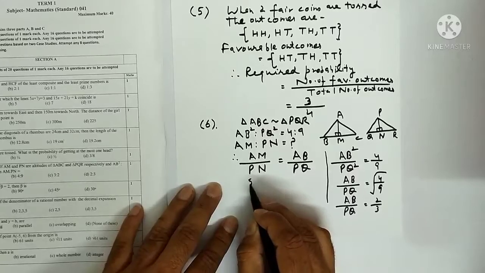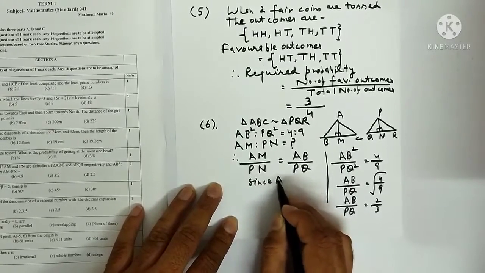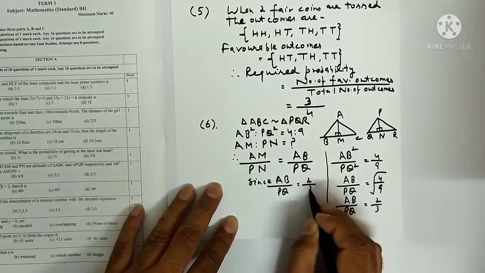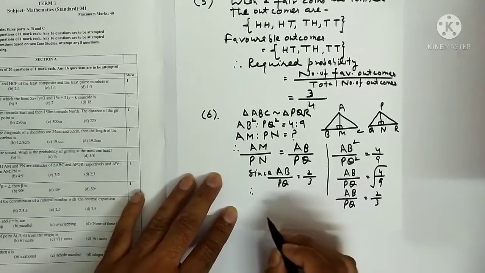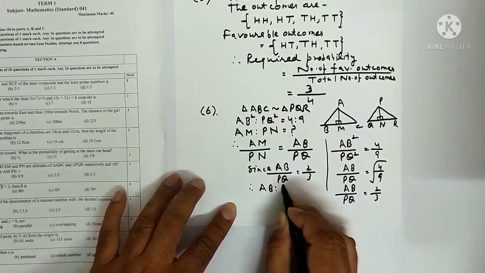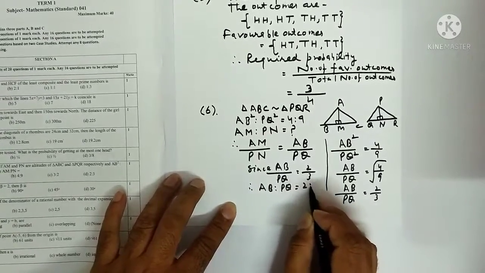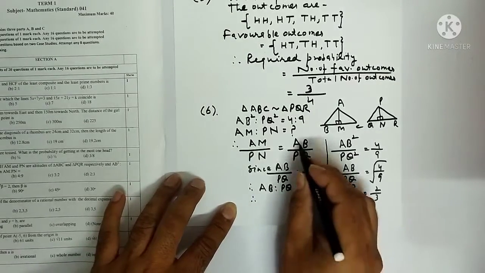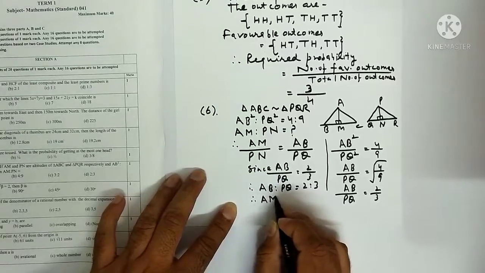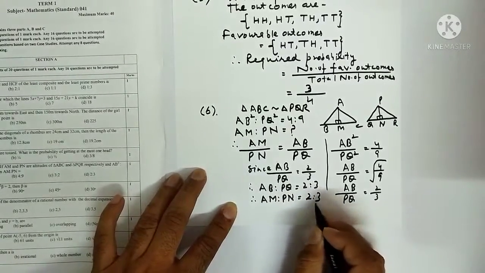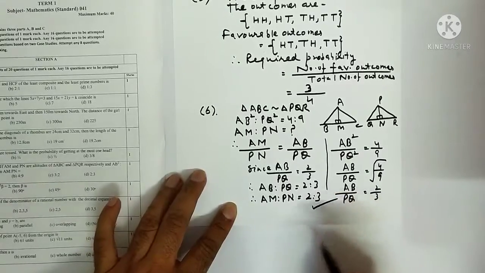So here, since AB upon PQ is equal to 2/3, therefore AB ratio PQ is equal to 2:3. Therefore, if AB ratio PQ is 2:3, therefore AM ratio PN will also be 2:3. So the answer is D part of the same.